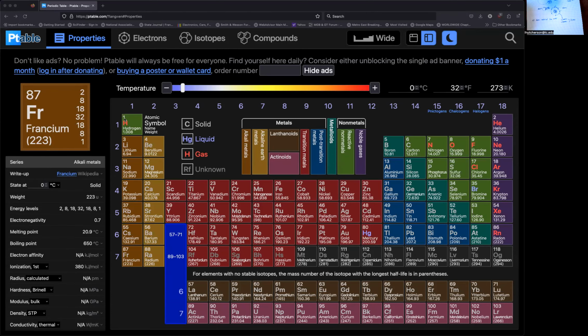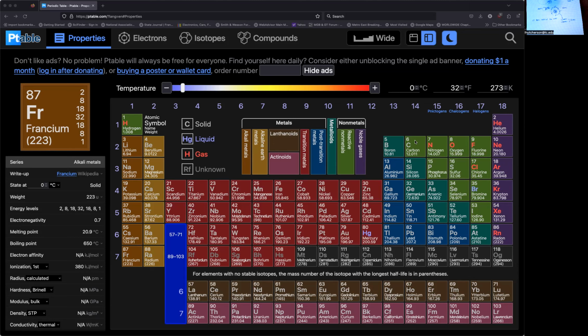Now, if we look up here, we have this number in the top left corner, or sometimes top center space of each box for each element on the periodic table. Okay. This is called the atomic number. Now, the atomic number tells us the number of protons. That's one and the same, the atomic number and the number of protons. Right? And so by extension of that, the number of protons gives us the identity of the element.